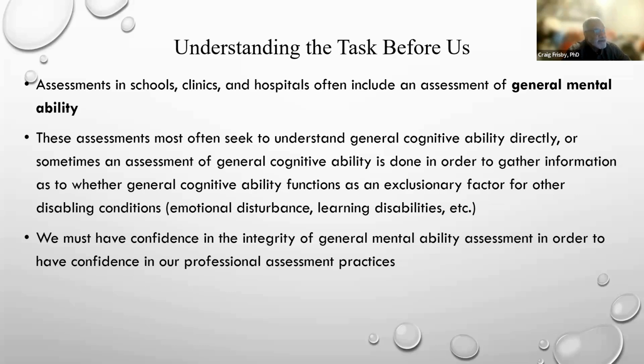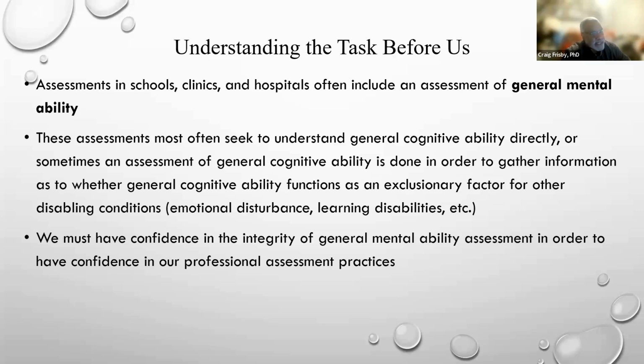Many times we give IQ tests because we want to know directly what is this child's level of intellectual functioning. But also there is an indirect need as well, and that is to have a measure of general intellectual functioning to serve as an exclusionary factor for other disabling conditions. So that if you work in schools, for example, and you're problem solving and assessing kids related to suspected emotional disturbance, you know that you have to rule out IQ problems as a source of the issues that the child is being faced with.